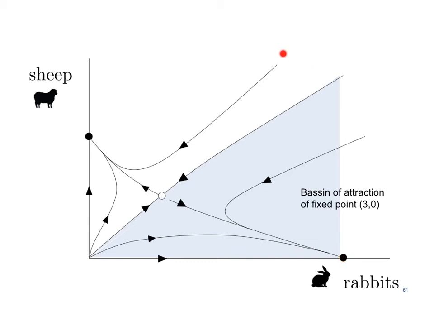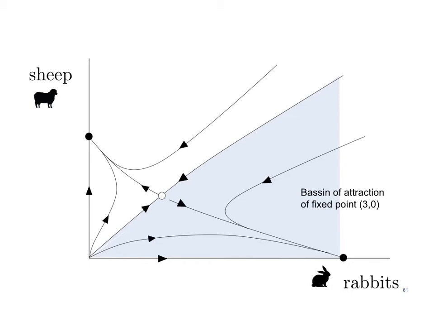If you are in the white zone, instead you will go to this other attractor. So this is divided by this line here, which is called a separatrix of the basins of attraction. This is how you interpret the phase plane.